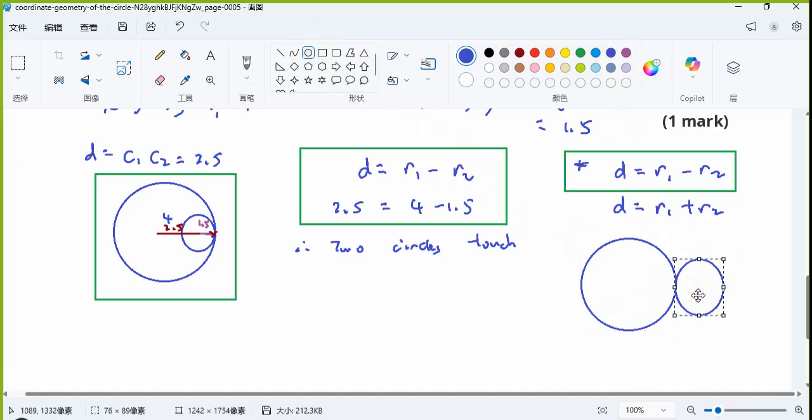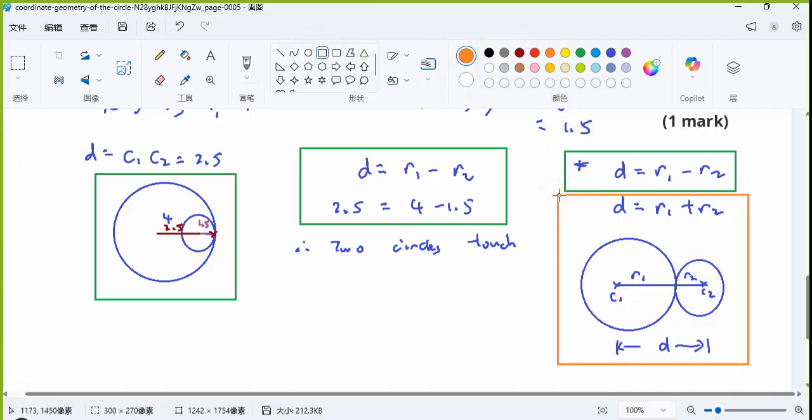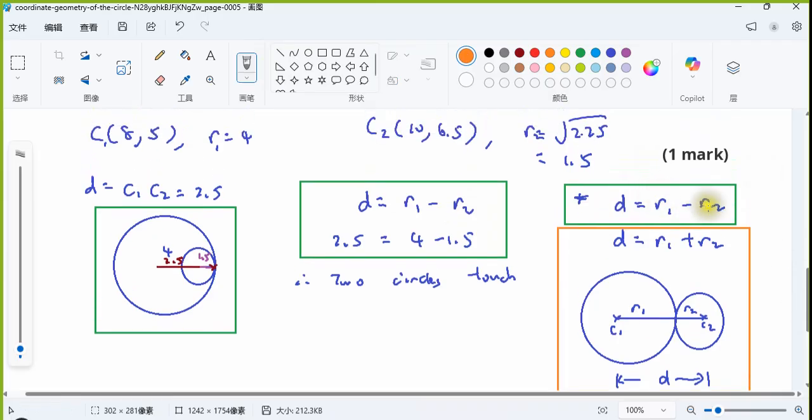We have two circles with centers C1 and C2, radii R1 and R2, and this is their distance. When the distance equals R1 plus R2, they touch, and when the distance equals R1 minus R2, they also touch. This question is actually the first case.